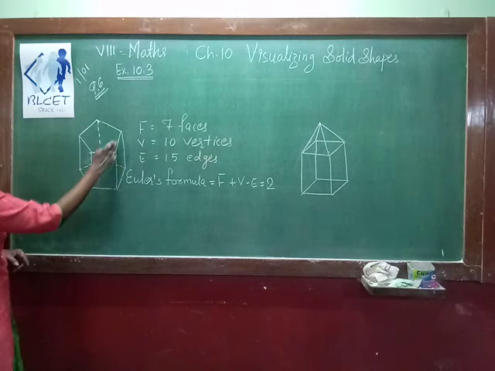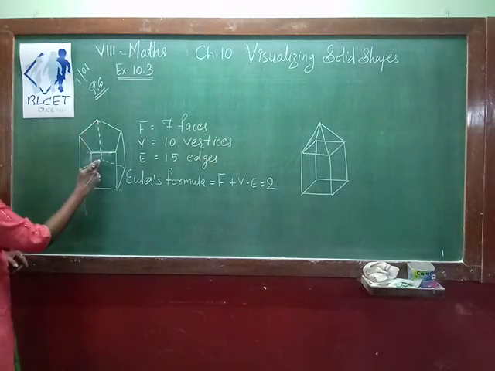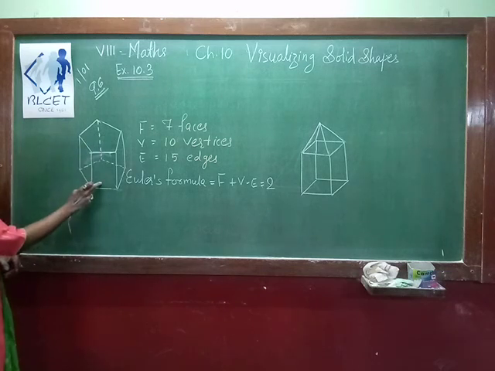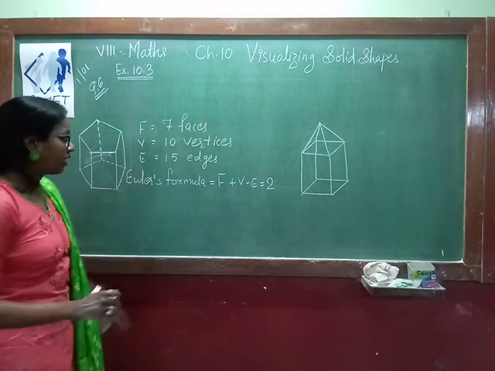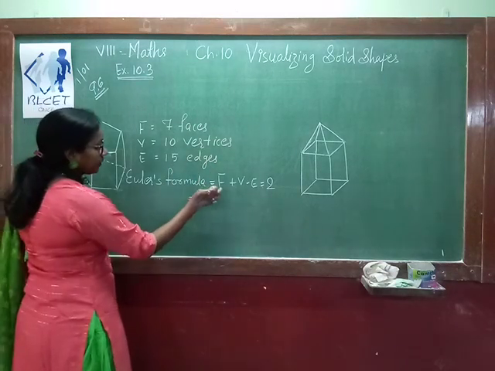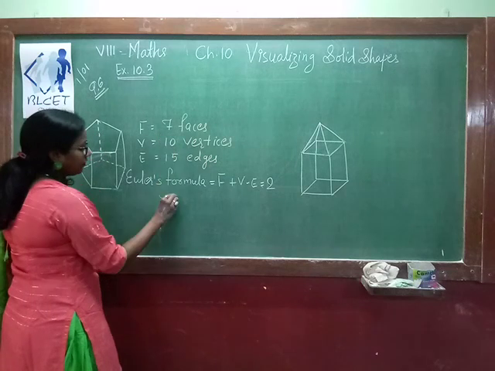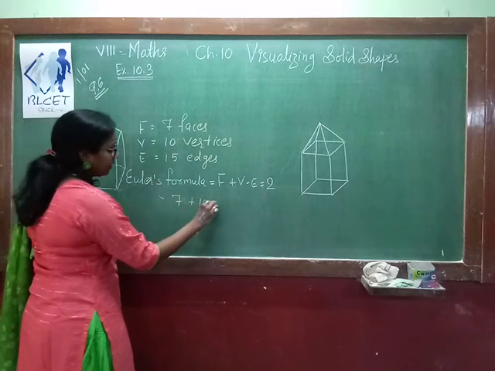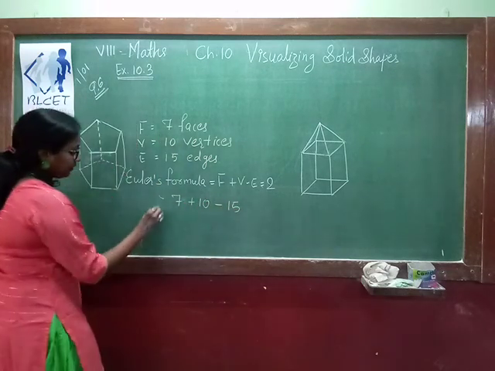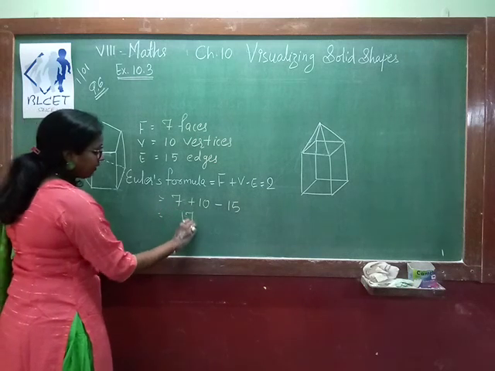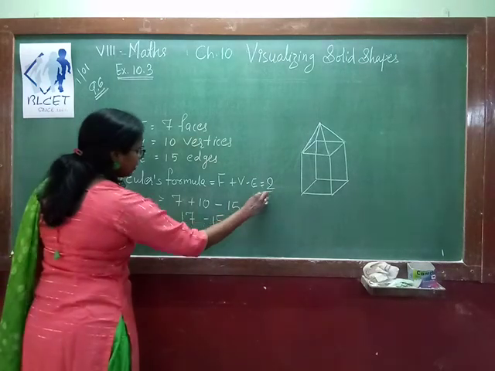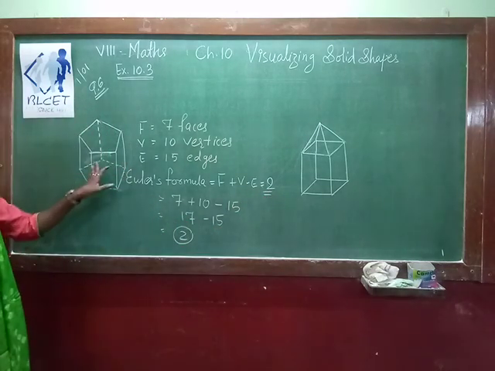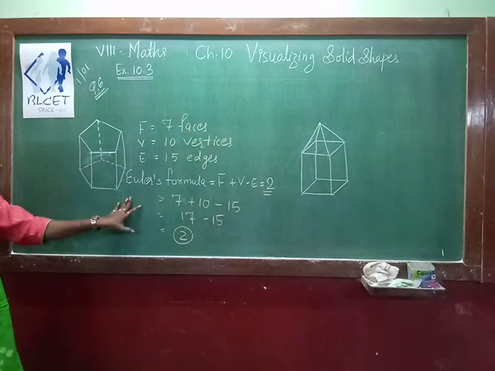Now we verify Euler's formula. F plus V minus E: 7 plus 10 minus 15, which is equal to 17 minus 15, which is equal to 2. So for the pentagonal prism, Euler's formula is satisfied.